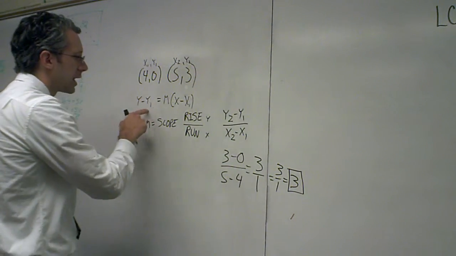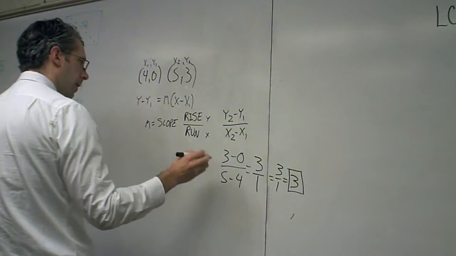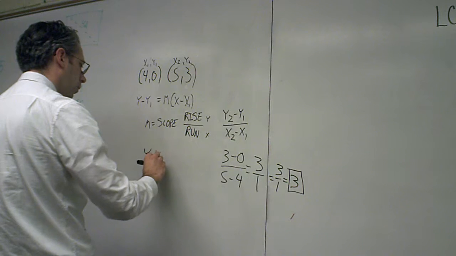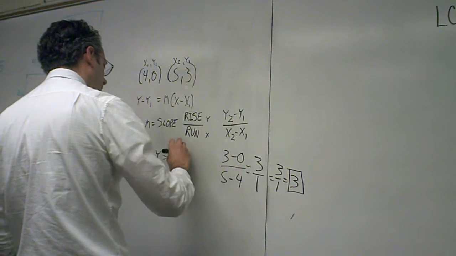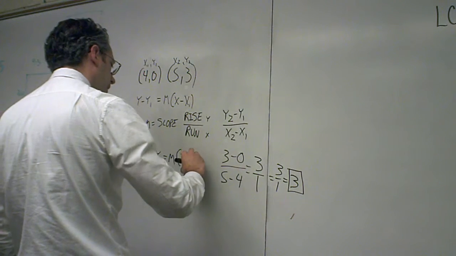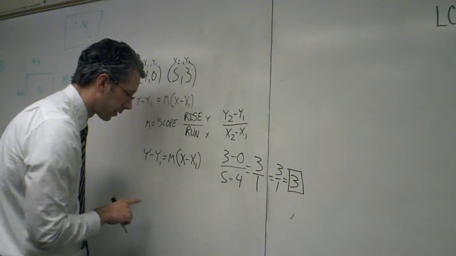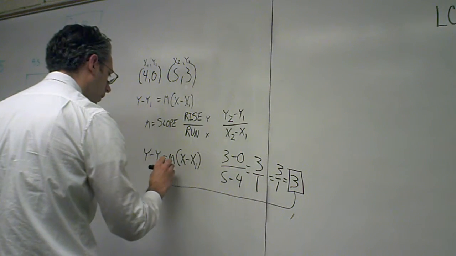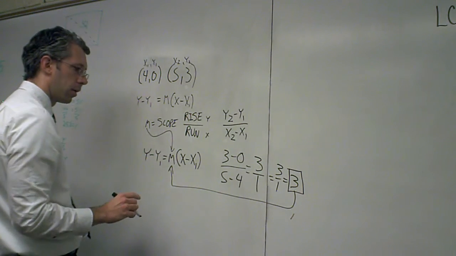Now it's time to write it in this point-slope form. So we have to take our equation right here: y minus y1 is equal to m times the quantity x minus x1. And here's the good times with this. This is our slope right here. Remember, m is our slope. Okay?